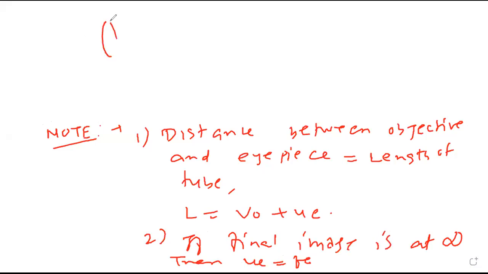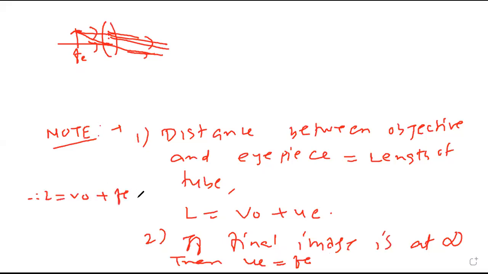Suppose this is the eyepiece and this is the object at focus, then the final image will come at infinity. The rays become parallel, so the final image is at infinity. So when the final image is at infinity, UE is FE. So can I say then L will become V naught plus FE?